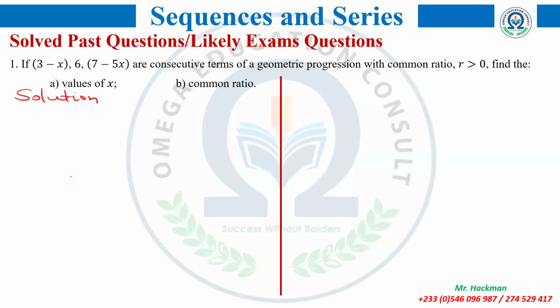Now if these three are consecutive terms and we are saying that they form a GP, what exactly is this information trying to tell us? If this sequence that you have here, and it's a finite sequence, is a GP, how do we determine that it's a GP?